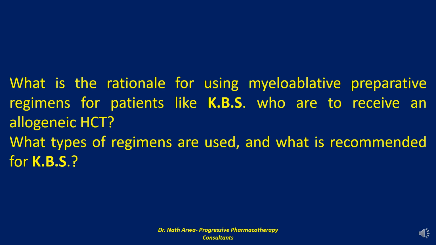Most allogeneic preparative regimens for the treatment of hematologic malignancies contain cyclophosphamide, radiation, or both. The combination of cyclophosphamide and total body irradiation, abbreviated as TBI, was one of the first preparative regimens used, and it is still used widely today.